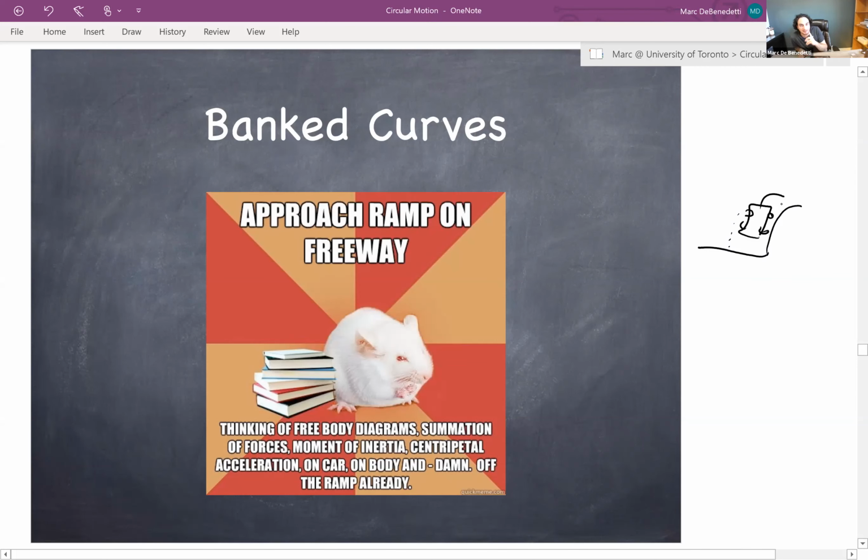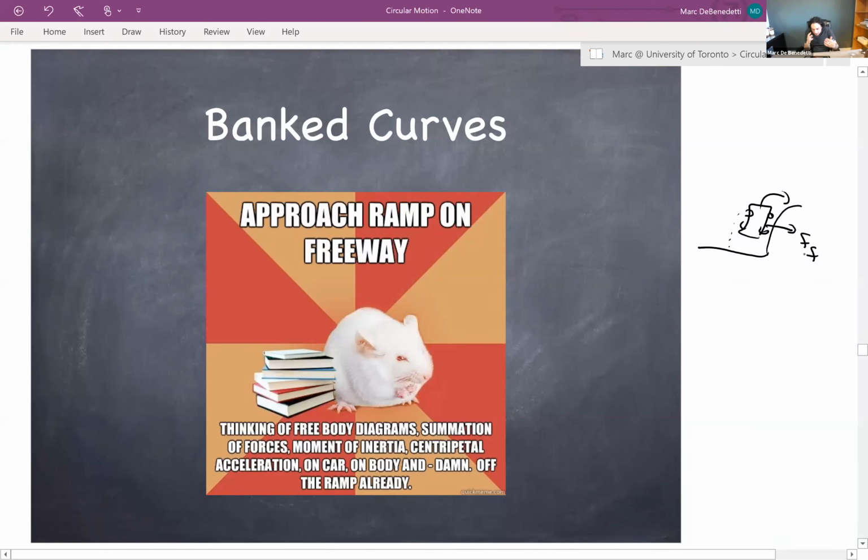We saw that the only force responsible for it turning the corner was friction. And if it's icy or, let's say you're going too fast, maybe the amount of force required to pull it around the corner would be larger than the maximum static friction.